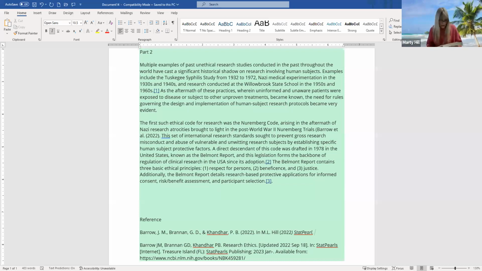Edited book chapters and entries, page 326 in your APA 7. If you have not purchased an APA manual yet, please do. I would strongly recommend getting the spiral bound because it is so much easier to deal with. So we're going to say it's on pages 28 through 35.